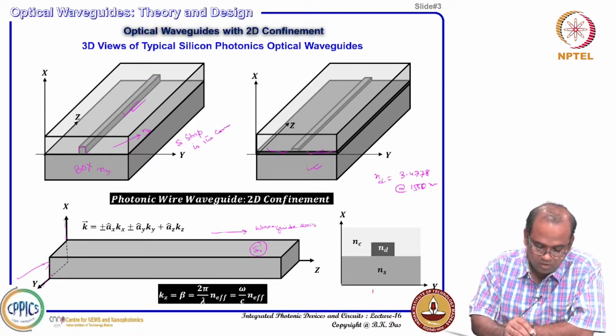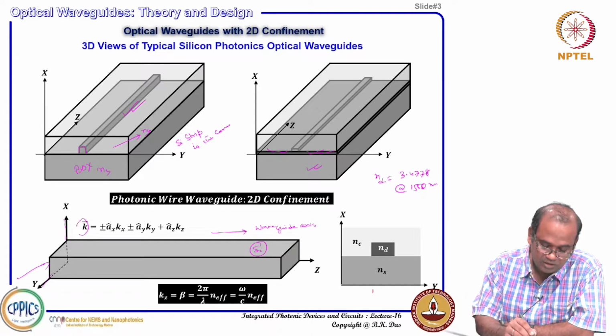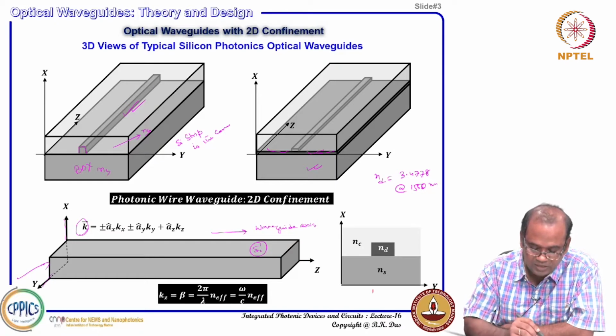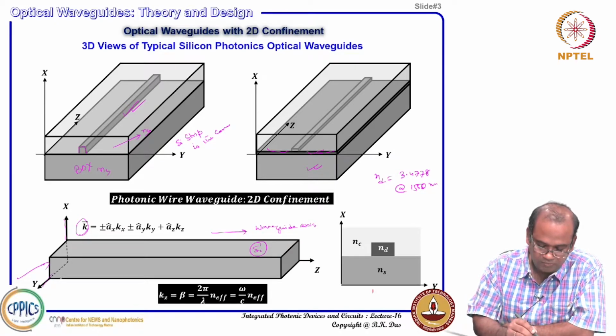Inside that material, if you consider a plane wave with a wave vector in any direction entering inside, then because of the confinement, there is total internal reflection at the xz surface.